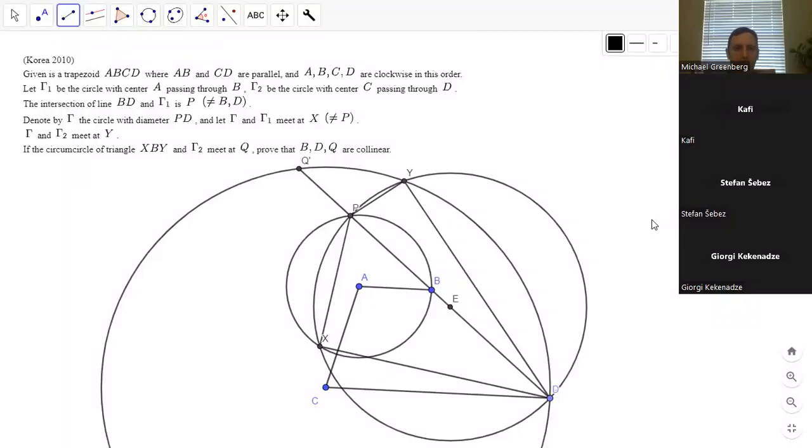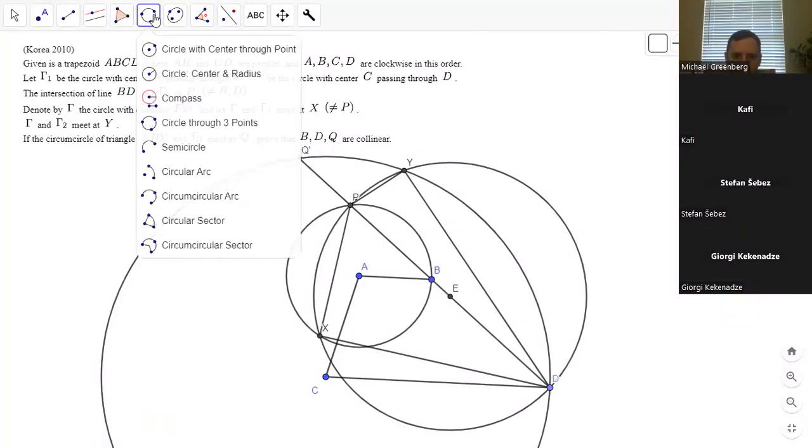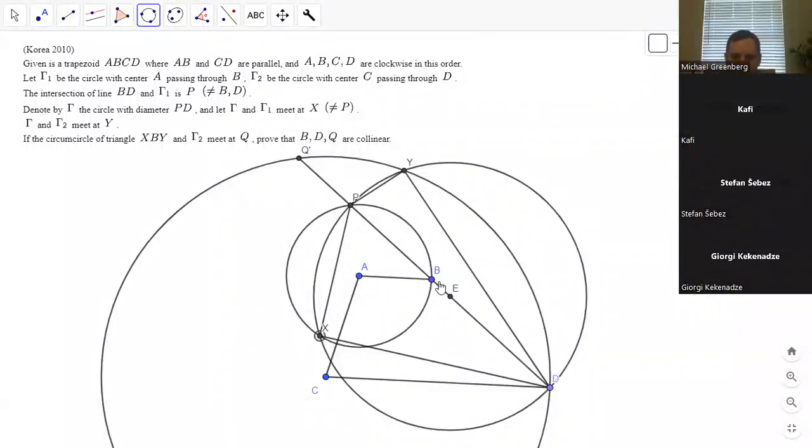Okay, so how would we show that cyclic? Angle chase, power of a point.